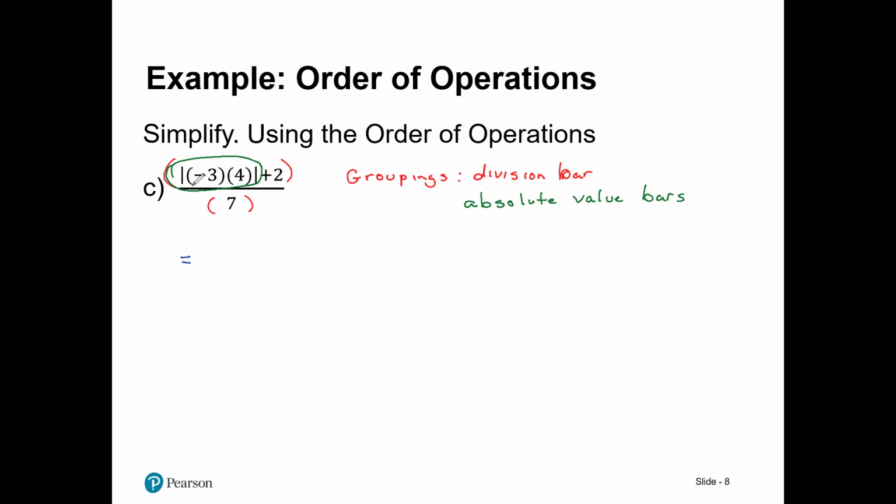If we do the absolute value part here, we have -3 times 4, so absolute value of -12. We're going to go back through absolute value, but all absolute value does, a little note here, it just turns your number into a positive. If it's positive, it's positive.